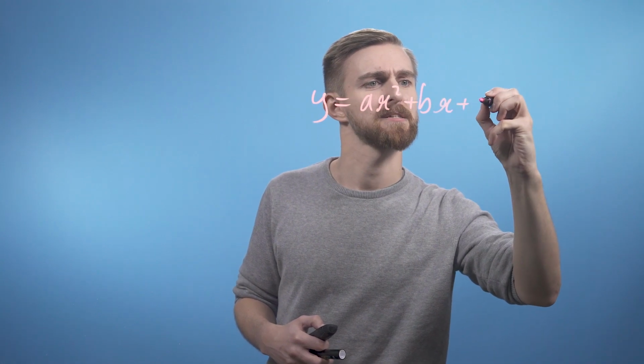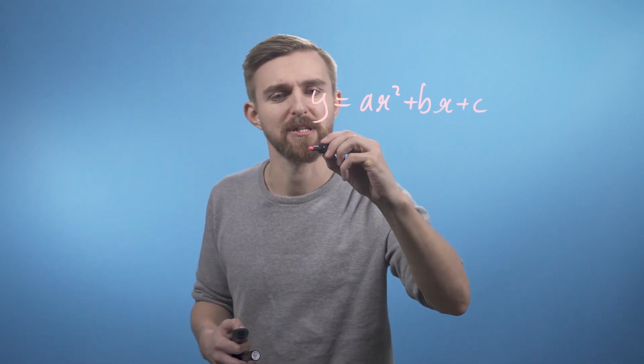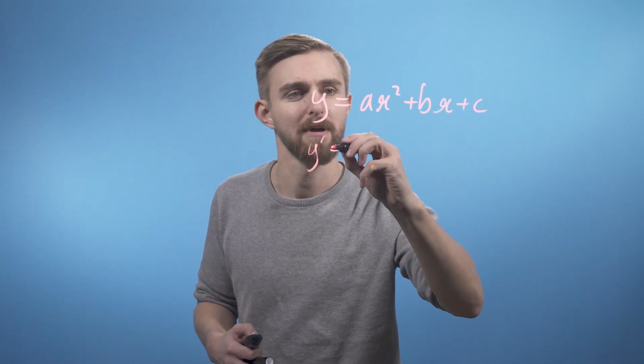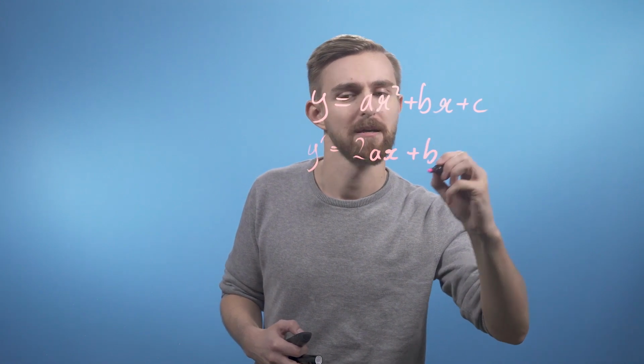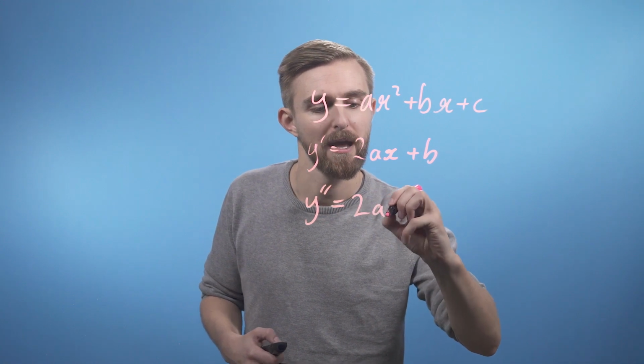Now, to have a function that can make use of these three pieces of information, we're going to need a quadratic equation. So we can write y equals ax squared plus bx plus c. Differentiating this thing twice, we can just say, well, y prime equals 2ax plus b, and y double prime equals 2a.